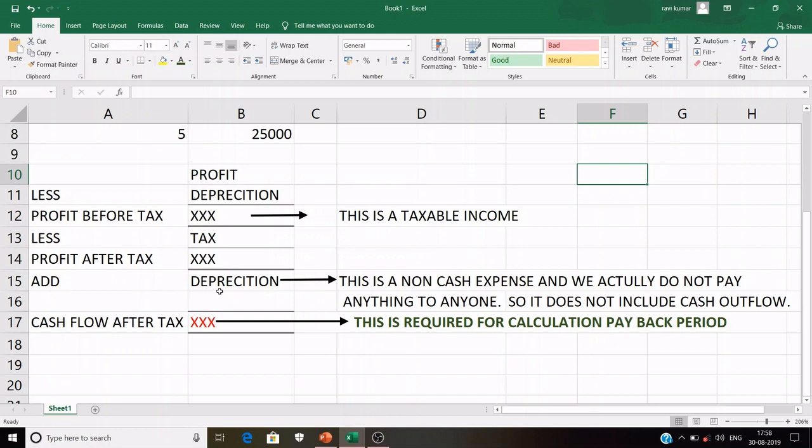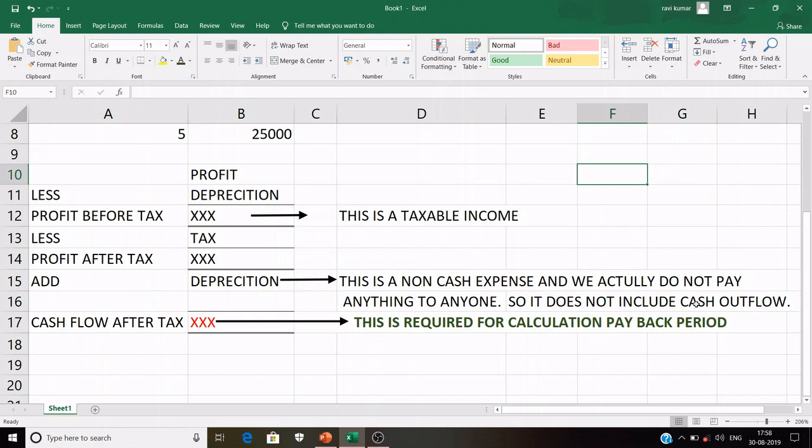Why do we add depreciation again when we have deducted it here? You have to understand that depreciation is a non-cash expense. It is not an actual expense. It is just calculated on our machinery to get its fair value at the end of each year. We do not actually pay anything to anyone for depreciation, so it does not include any cash outflow.